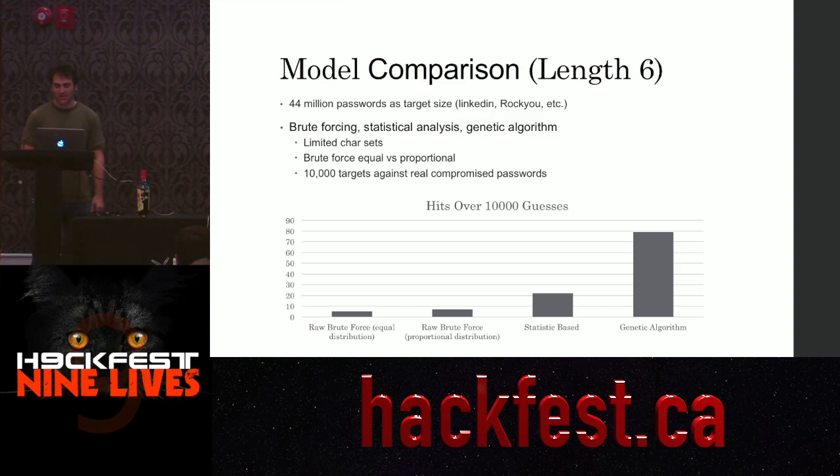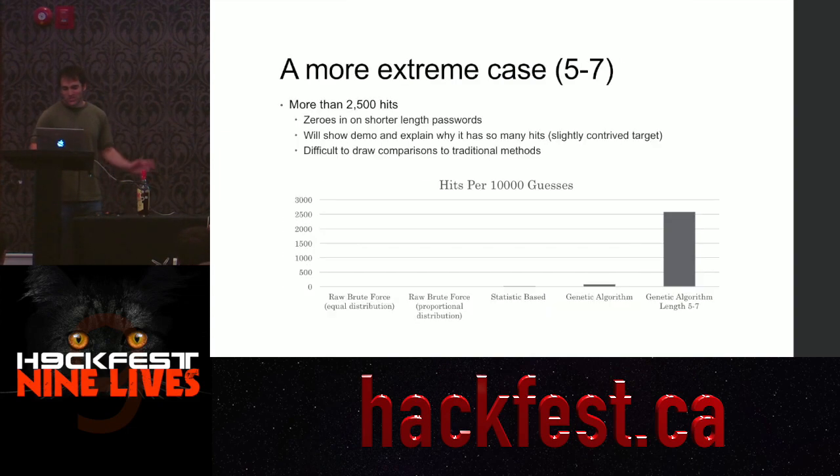Basically, it zeroed in on a pattern that I guess I should have seen coming, but it's an interesting notion. Real quick, if I take off this length 6 restriction, what does this graph look like? Take it with a grain of salt. It looks something like this, right? Now my genetic algorithm has 2,600 hits.